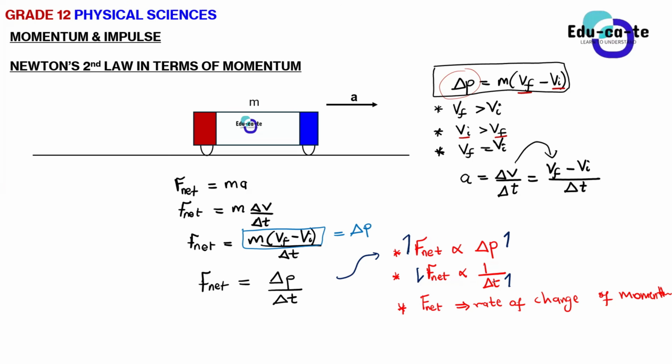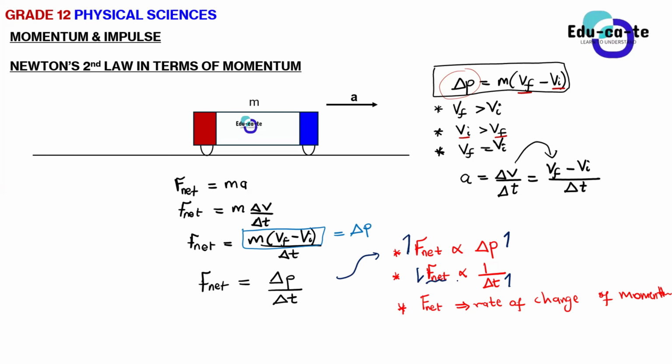The moment you step on the brakes quite rapidly, what will happen? The airbag will be released. That airbag actually increases the time of impact. So it increases the time taken for the impact to get to you. So it means you will feel a smaller force from the accident.